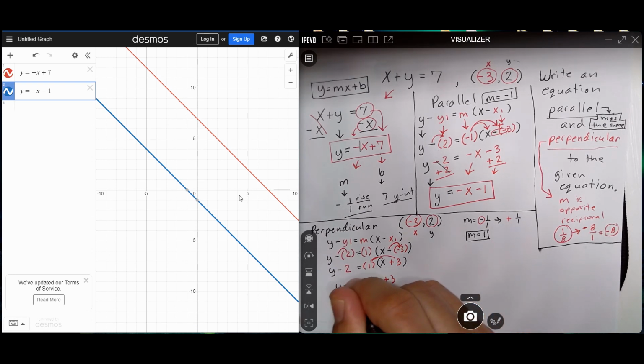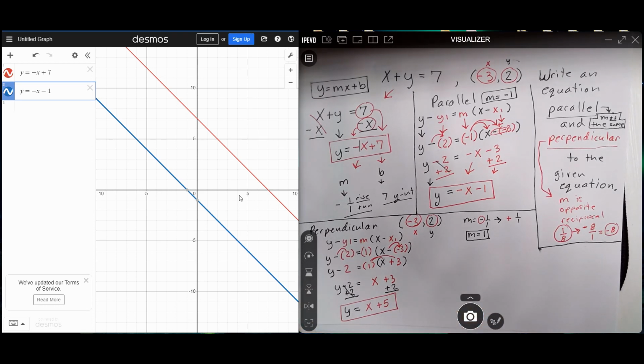Bring down my y minus 2. The only thing I got left to do is to move my negative 2 over. So I'm going to put plus 2 on both sides. And my final answer is going to be y is equal to x, and 3 plus 2 is 5, plus 5.